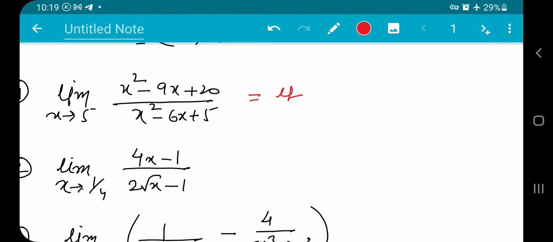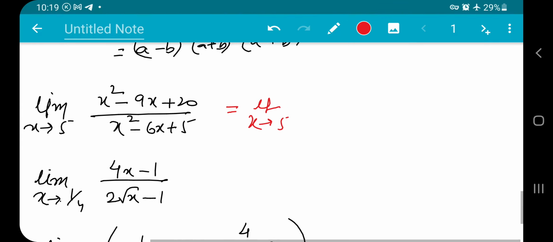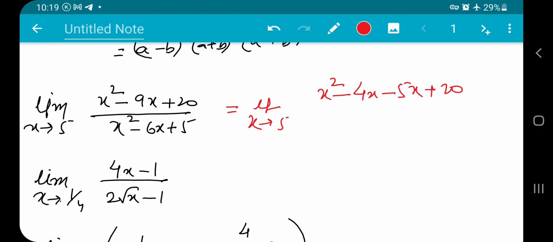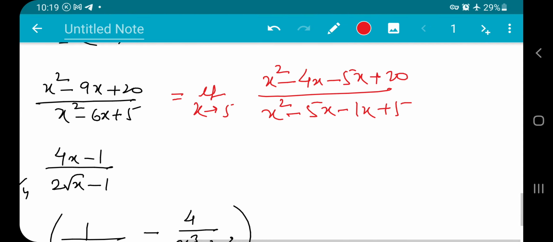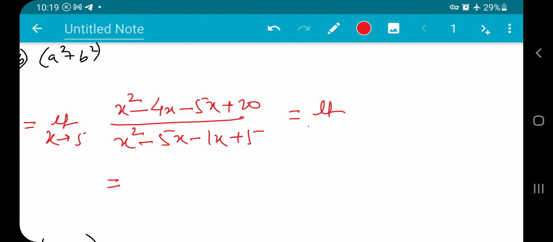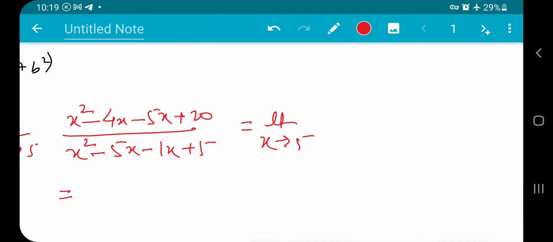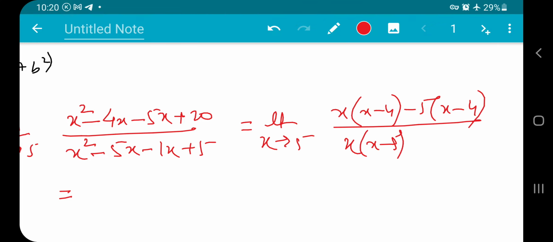Here, if we factorize, we are getting x square minus 4x minus 5x plus 20, and x square minus 5x minus 1x plus 5. So it goes like this: limit x tends to 5, x bracket x minus 4 minus 5 bracket x minus 4 by x bracket x minus 5 minus 1 bracket x minus 5.